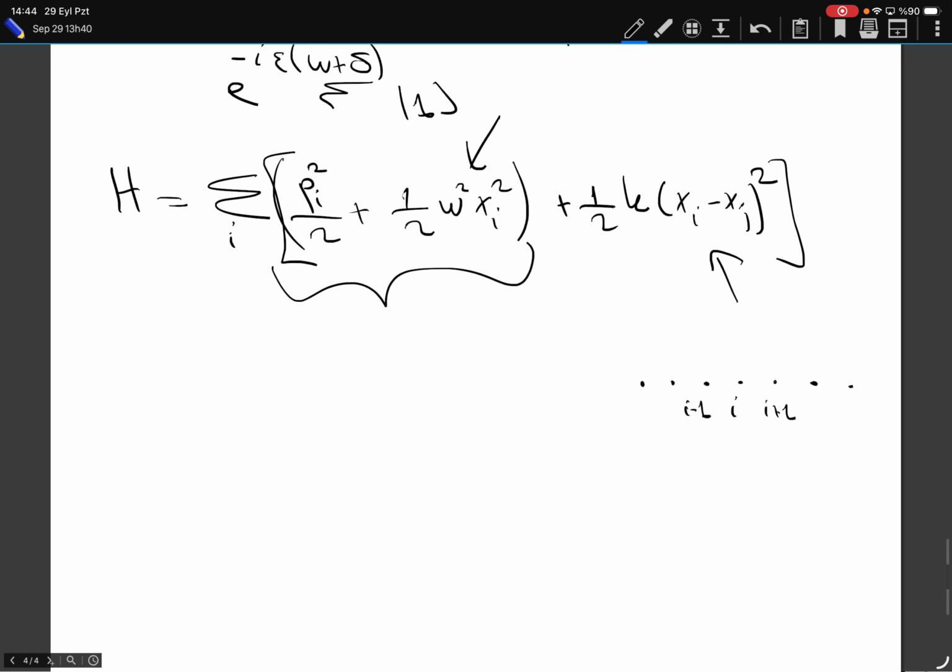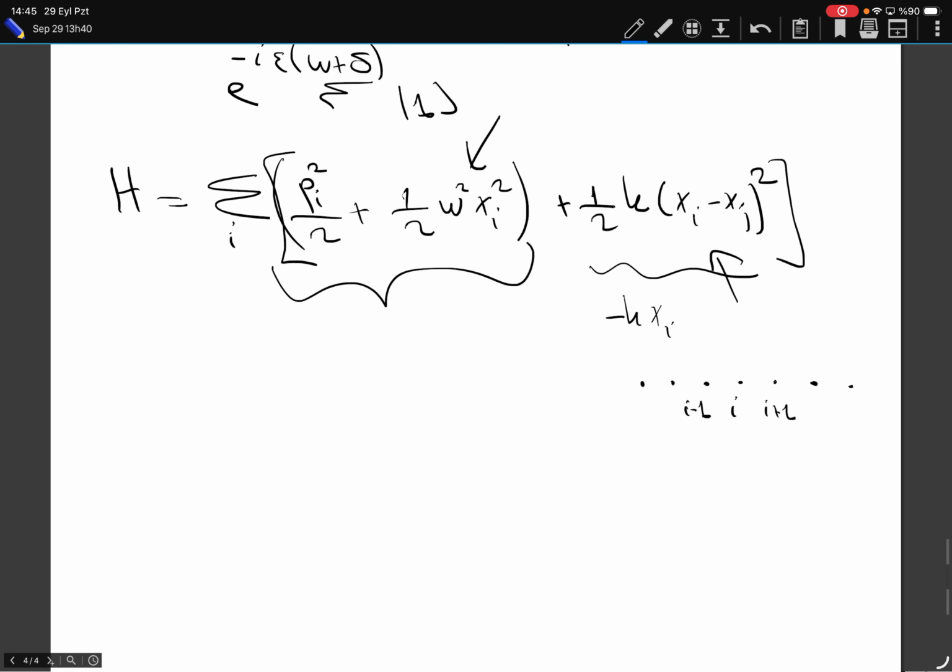Or if you like, the last term also brings an x_i squared. I can also combine that with those two terms and just write the last term as minus k x_i x.